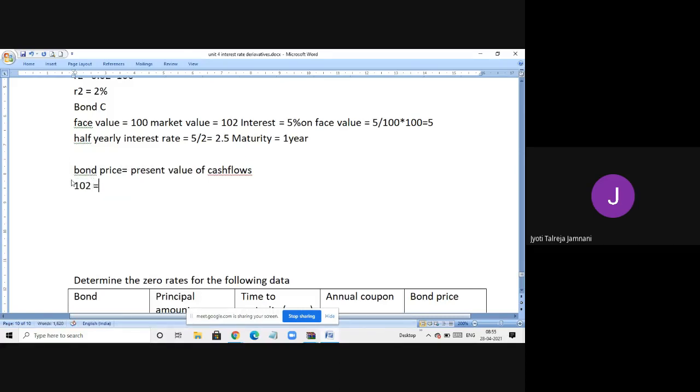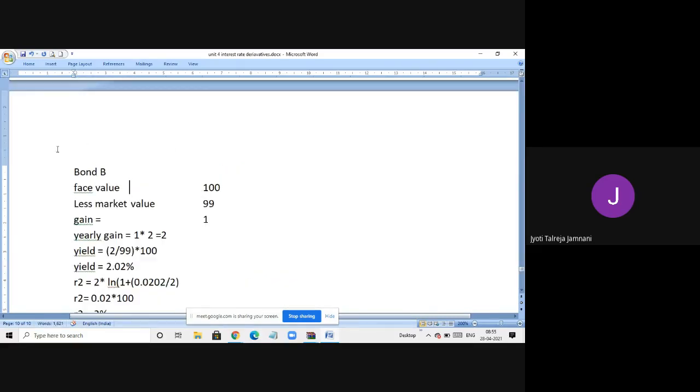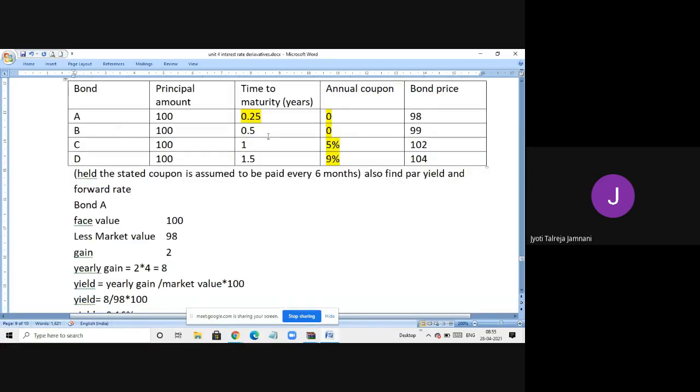So 102 is equal to, now we are going to receive 2.5 rupees interest every half year. In a year there are two half years. So first we'll receive 2.5 into e raised to minus rt. Here r will be the half yearly rate, and bond B's maturity is half a year.